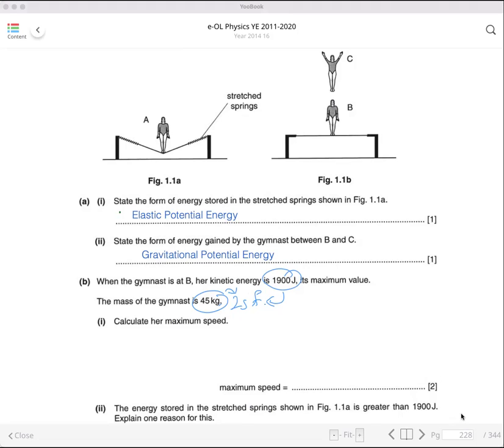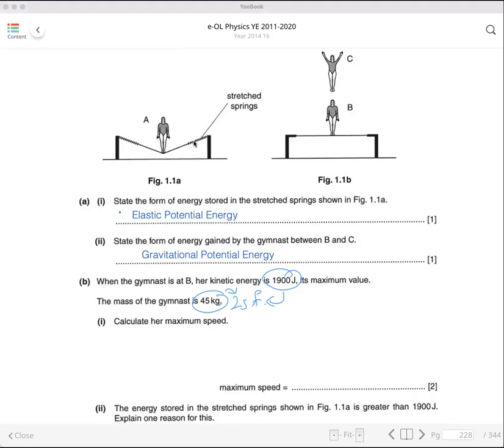Basically, energy is lost. It's converted to other forms of energy, such as heat energy. So the energy possessed by the spring will be greater, so part of it will be transferred to kinetic energy, and the rest will be converted to something else.